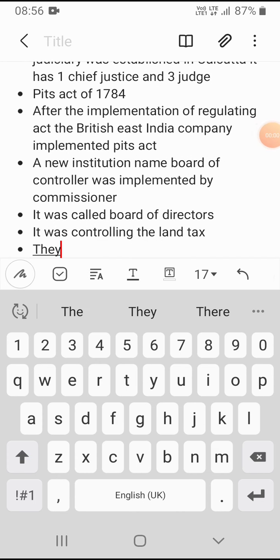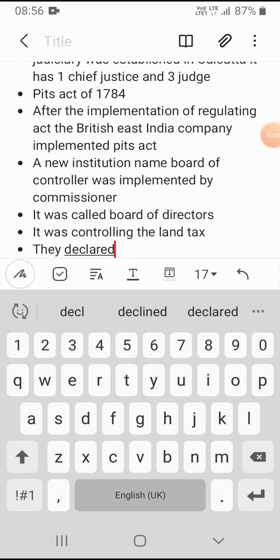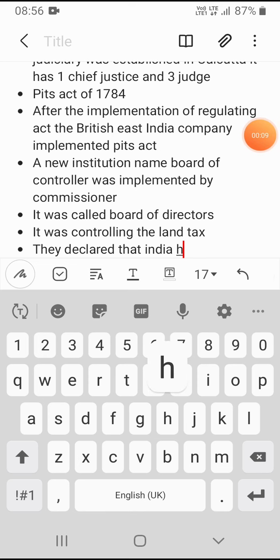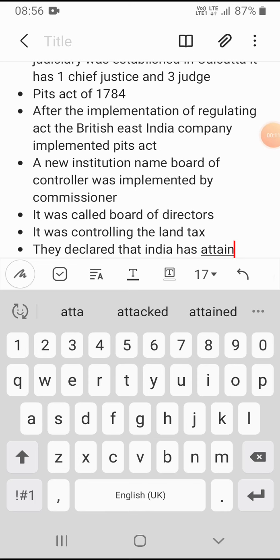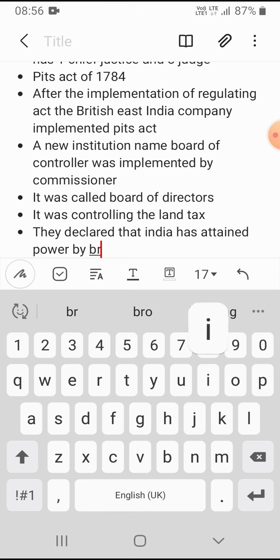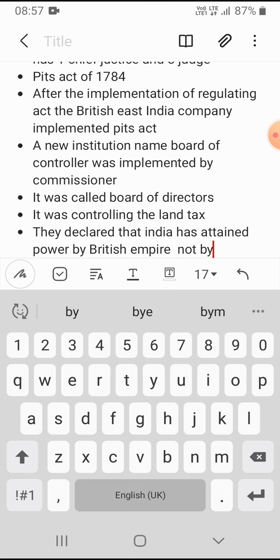They declared that India had attained power by the British Empire, not by itself.